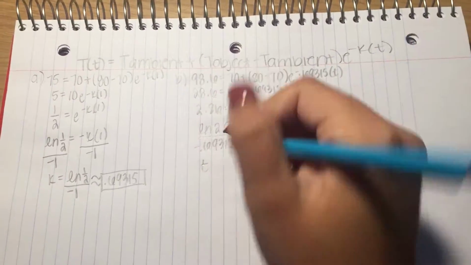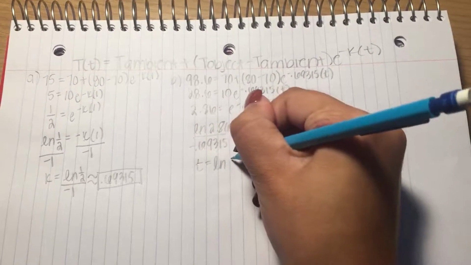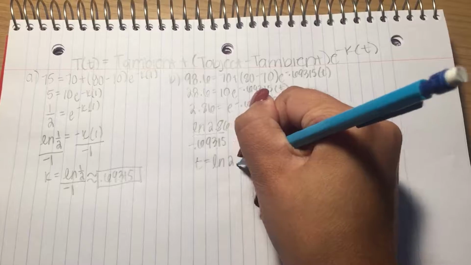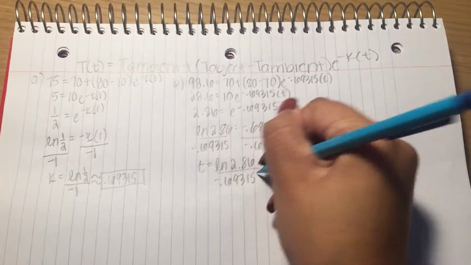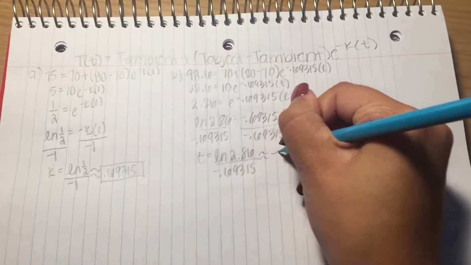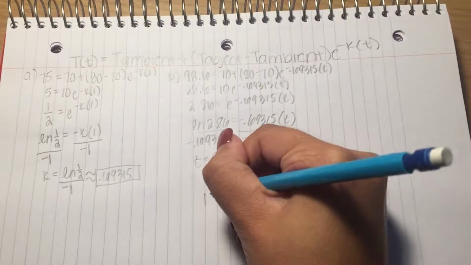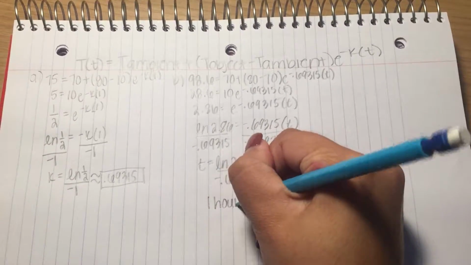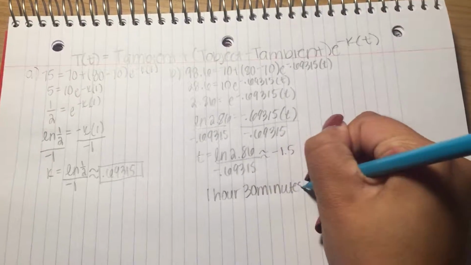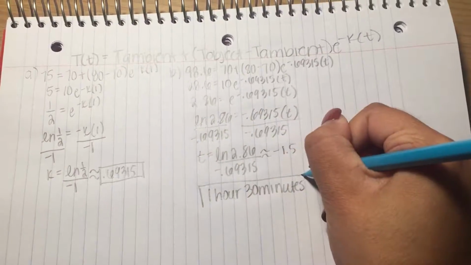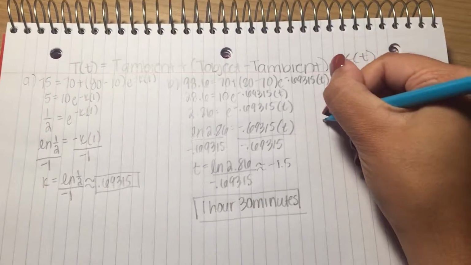Therefore, t, or the time from death to discovery, is equal to the natural log of 2.86 divided by negative 0.69315, and this is approximately equal to negative 1.5, which can also be interpreted as 1 hour and 30 minutes from the time of death to the time of discovery. And this is going to lead us into part C.